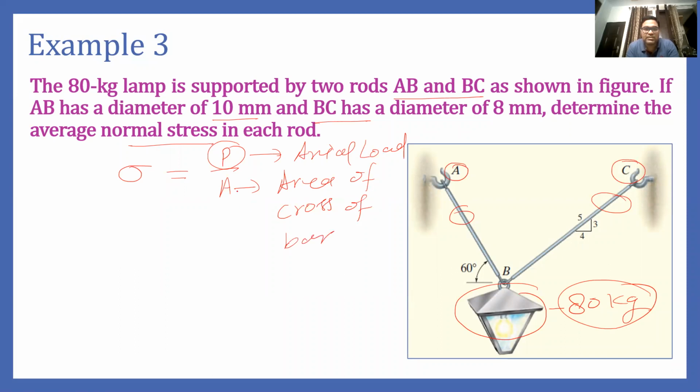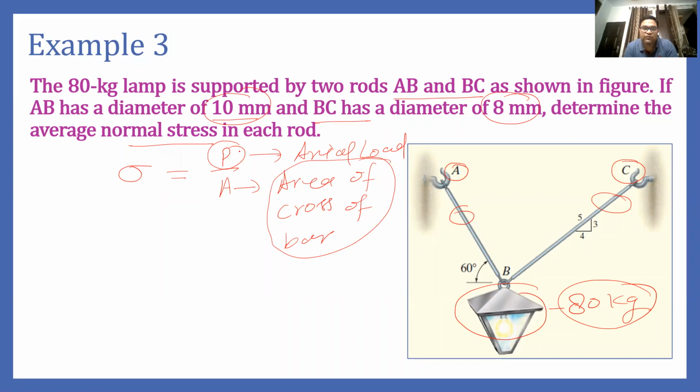Now you can see the area of cross section can be found very easily because the diameter of the rod is given. If the diameter is given, it means the rod is circular in cross section. So the area will be pi d square by 4, or pi r square. So we can easily find out the area of cross section.